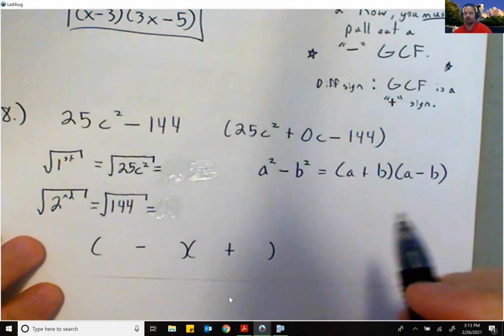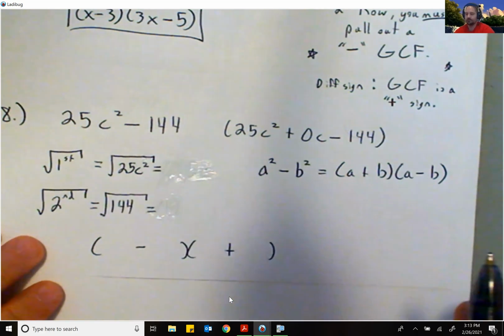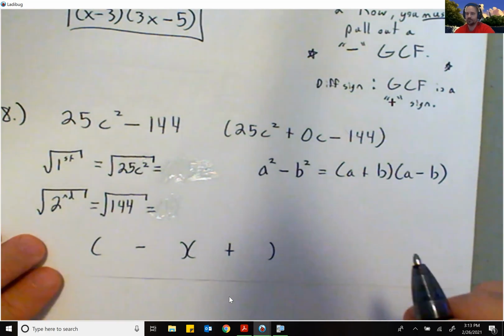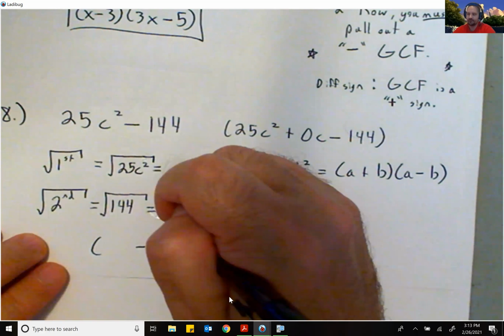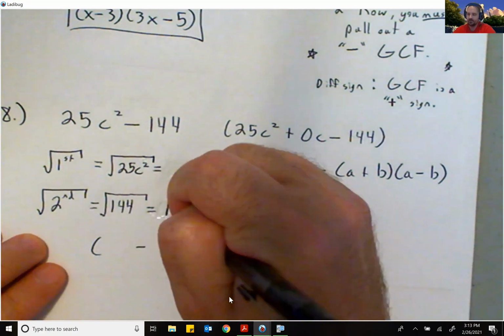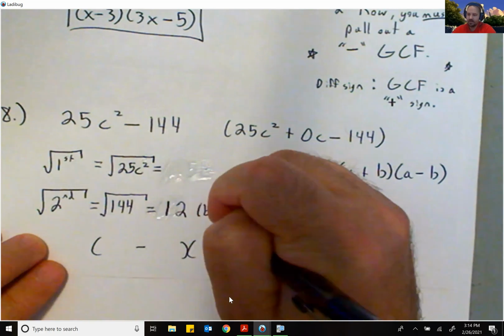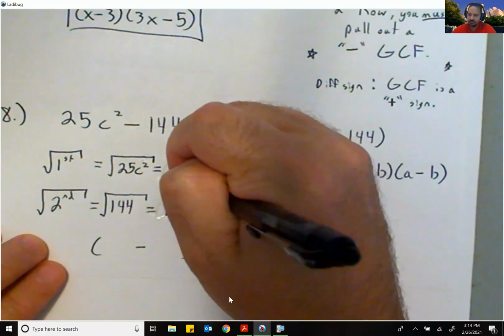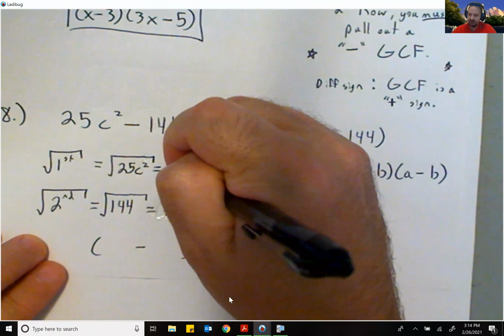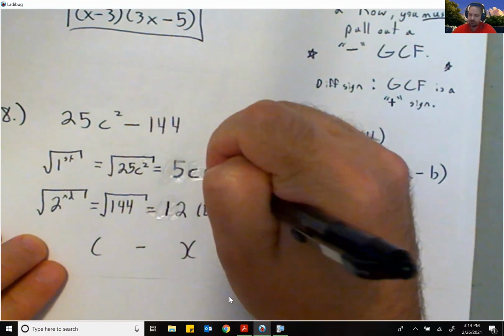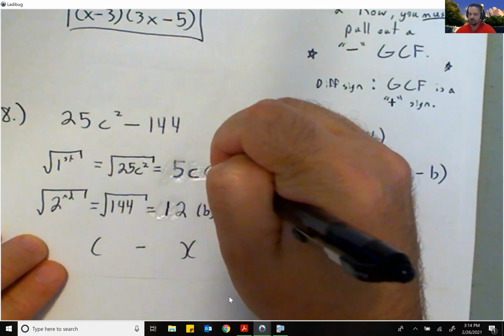What's the square root of 144? 12. Yes, you guys are so good. So that's the b term. And the 5c is our a that goes in our parentheses.